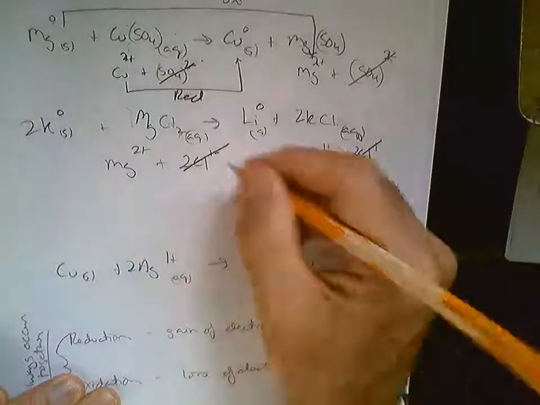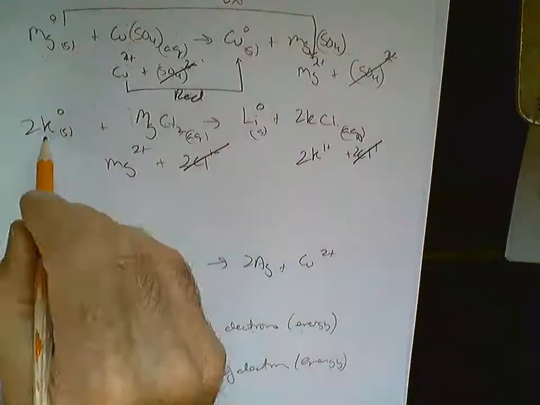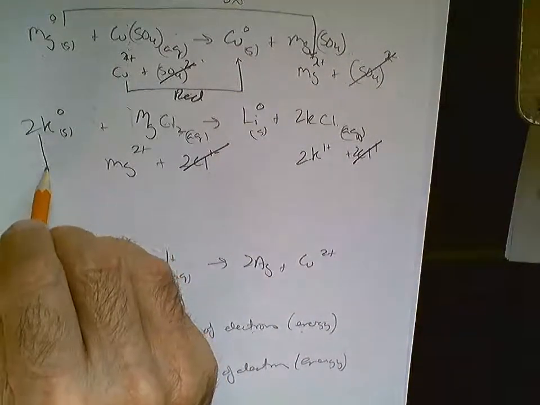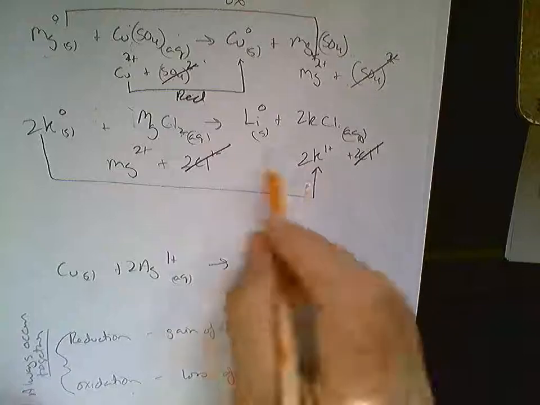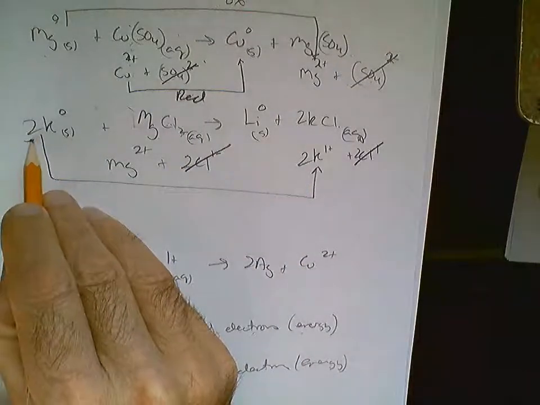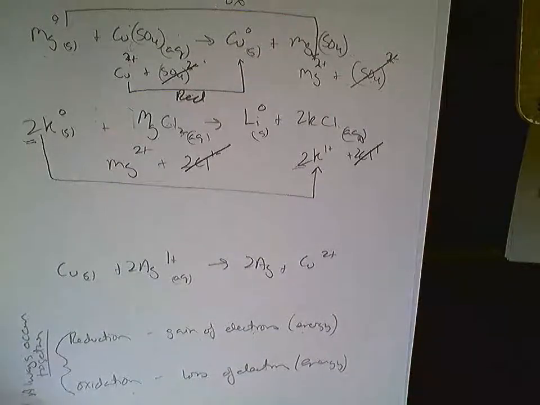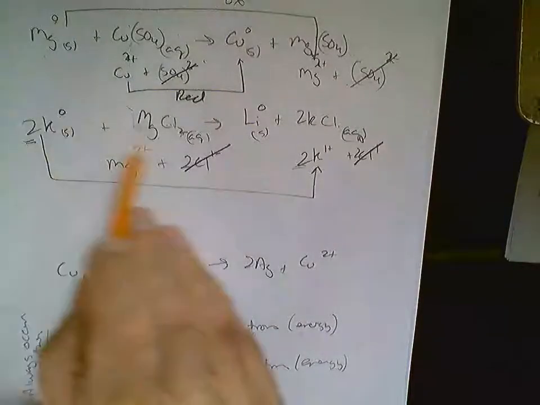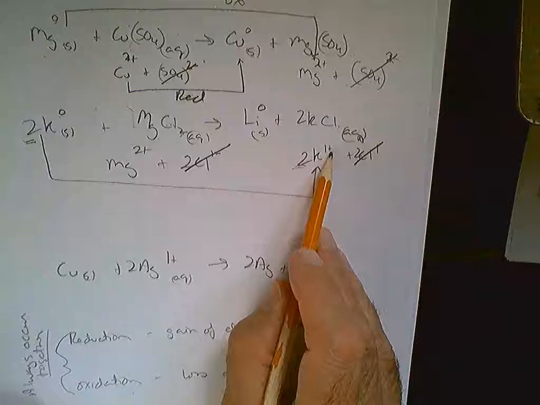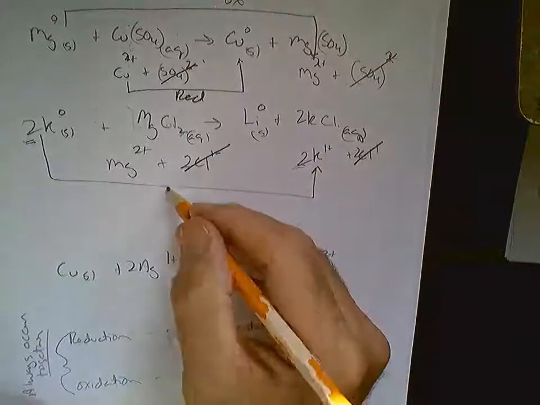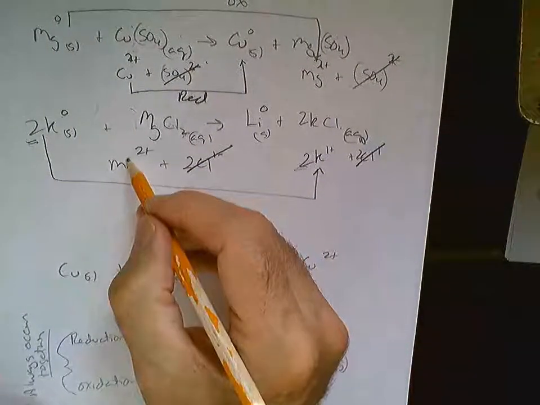2Cl crosses out, 2Cl crosses out. We've got 2K going to 2K1 plus. Now, I'm going to tell you, the numbers out front will do nothing for you in these questions. You just look at the charges. 0 to 1 plus, that's going up, that's oxidized.